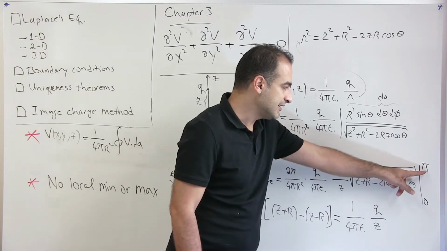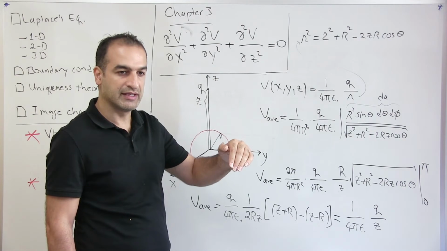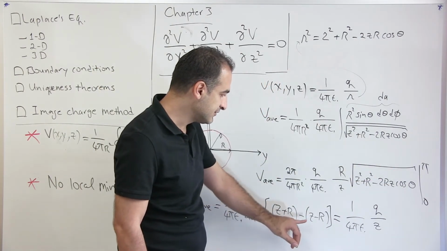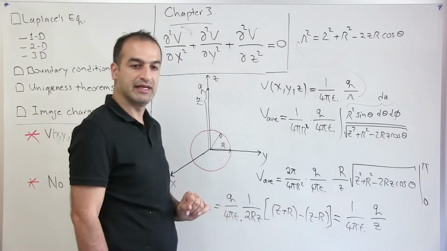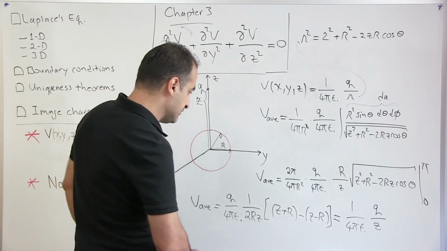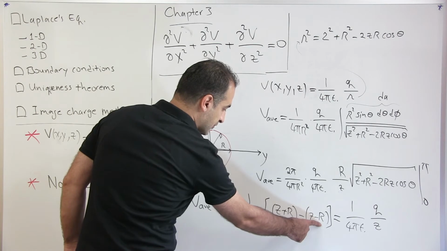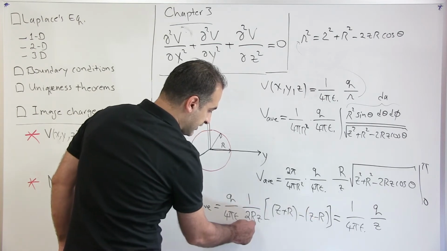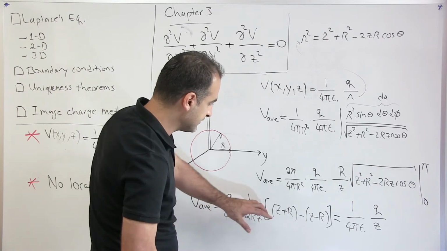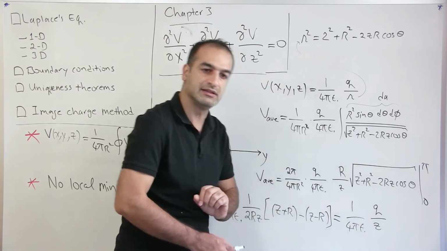Okay, and the values of cosine at pi and 0 are negative 1 and plus 1. If you look at them under the square root, one of them becomes Z plus R, the other one becomes Z minus R. Okay, and it has this interesting shape that the Z values cancel out. You end up having 2R that cancels out with the 2R in the denominator. And at the end, from all these constants and everything, we get a factor of 1 over 4 pi epsilon 0 Q divided by Z.